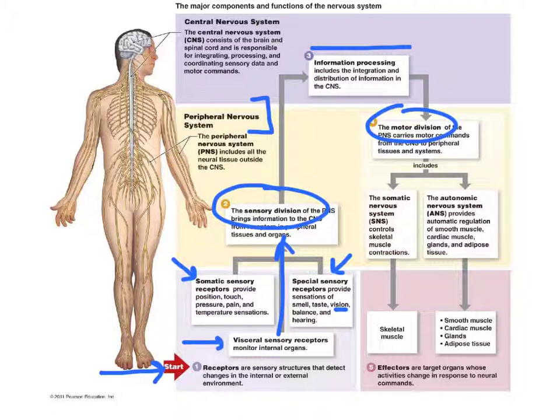Okay, so again, we start with our receptors. We go through our sensory division so that we can get processed. And then from that processing, we will develop a response that sends information through the motor division, and that can activate skeletal muscle, for example, which moves your body in response to a particular stimulus.